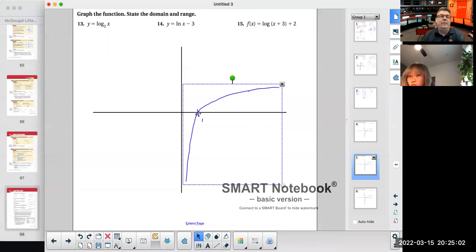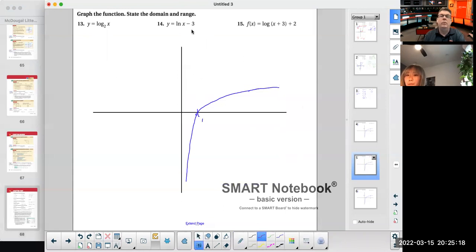It's going to go through (1, 0). But what does this -3 do to it? Outside of the x. It's not in parentheses with the x. It goes down. There you go, down 3. If it was like this, Kaylee, if it was like that, it would be to the right 3.